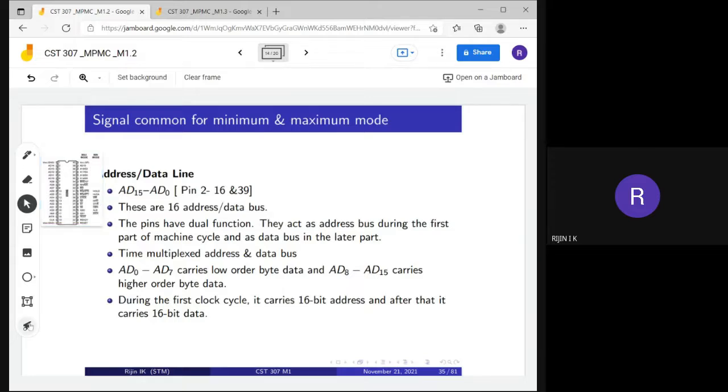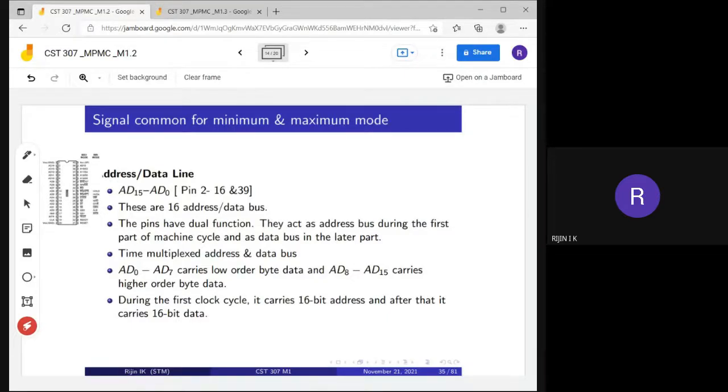Here you can see that these are the 16-bit address bus data bus, and these pins have dual function. Dual function means it can act as an address bus during the first part of the machine cycle, and it can act as a data bus during the remaining part, that means the next clock cycles T2, T3, T4, and TW.